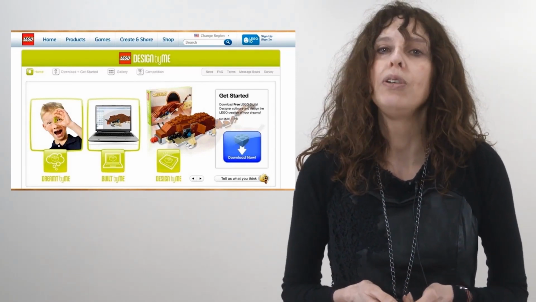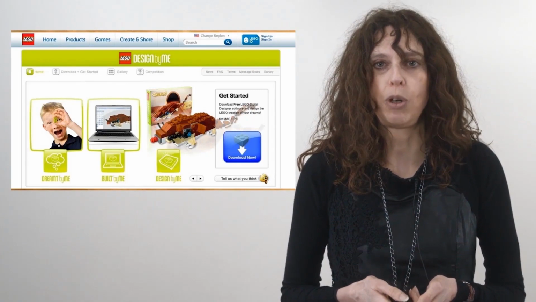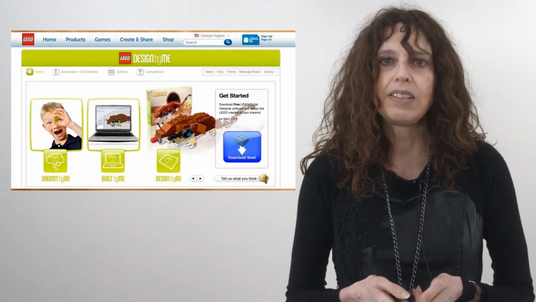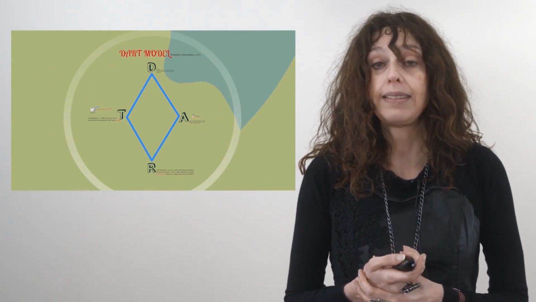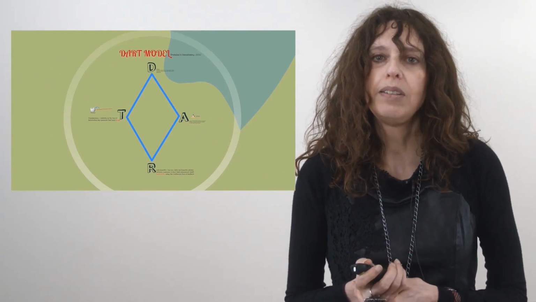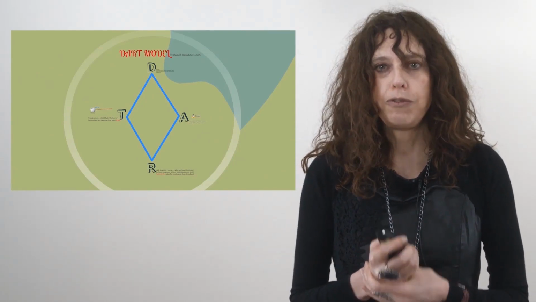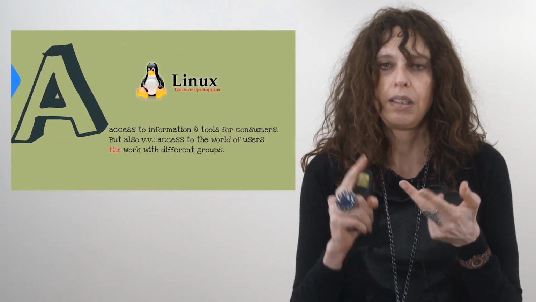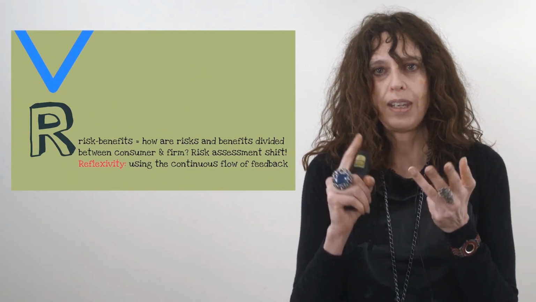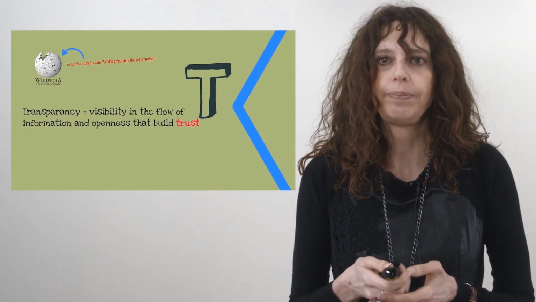So there's also a model for co-creation, and that is the model of DART. It's introduced by Prahalad and Ramaswamy, and the DART model consists of 4 elements: the D of dialogue, the A of access, the R of risk assessment, and the T of transparency.